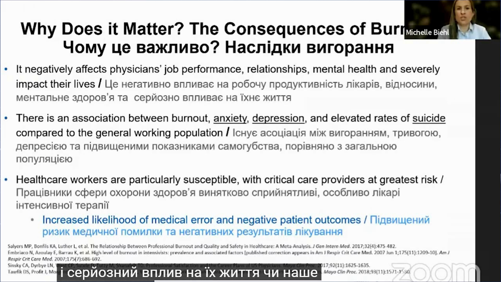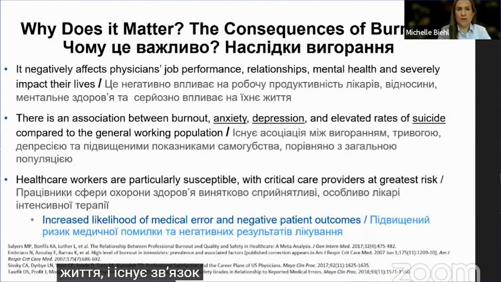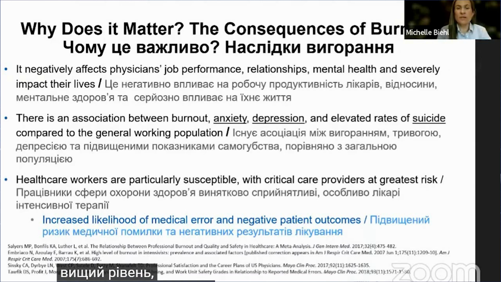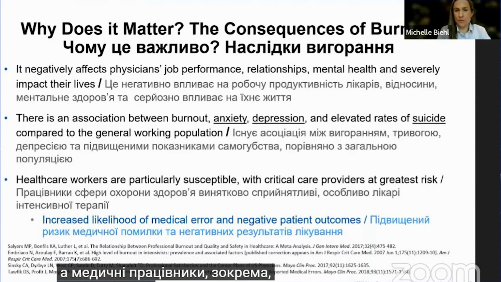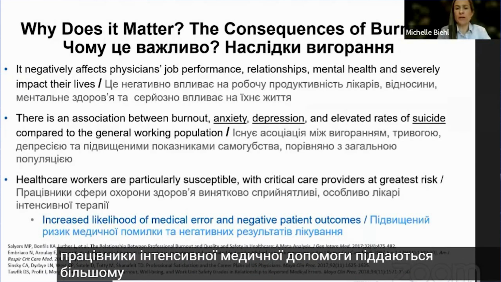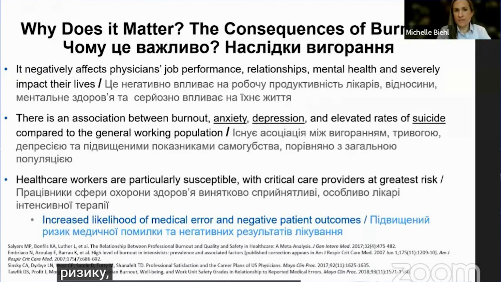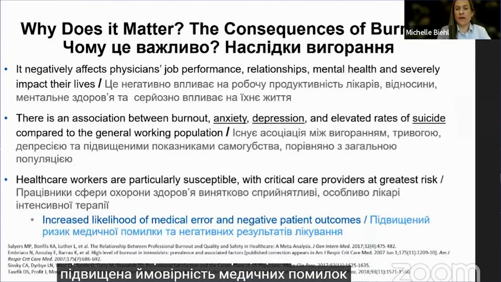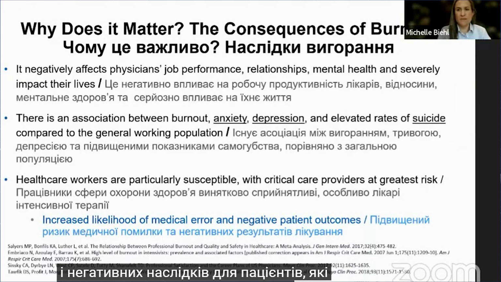There is a well-studied association between burnout and anxiety, depression, and unfortunately elevated rates of suicide. Compared to the general working population, physicians have a higher rate, and healthcare workers in particular are extremely susceptible, with critical care providers at greater risk. Talking about job performance, there is an increased likelihood of medical errors and negative patient outcomes associated with burnout. Next, please.